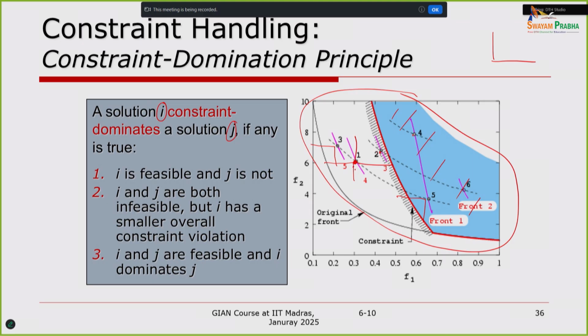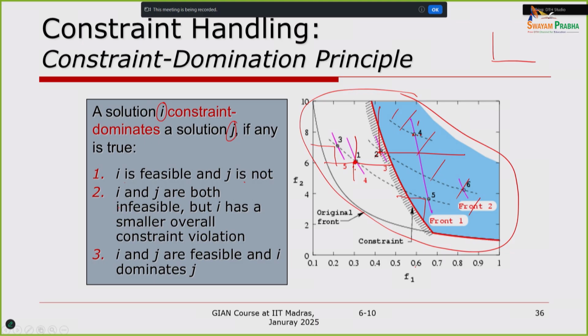That means if this is my 1 and this is my 2, then 4 dominates 2, although in the objective sense 2 dominates 4 because 4 lies in the first quadrant of 2. But now constraint is important. This is feasible and this is not. So I say 4 dominates 2 simply because 4 is feasible and 2 is not.